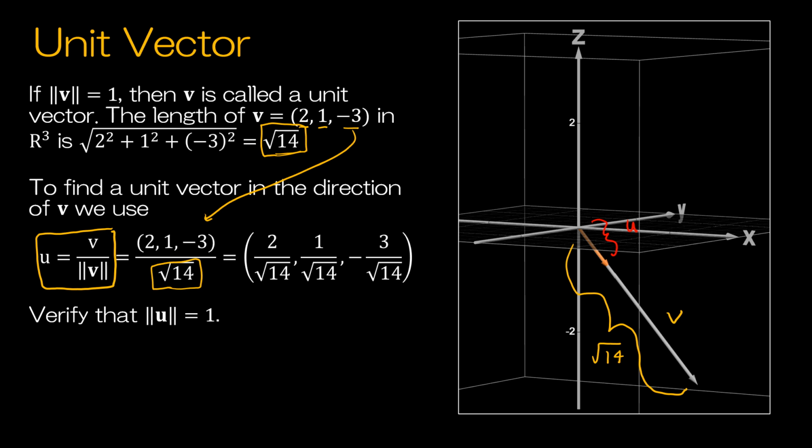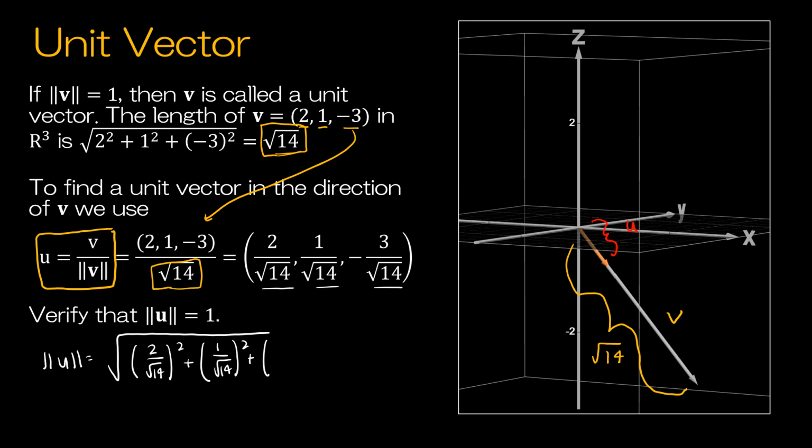So how do I do that? To find the length of u, I'm going to take the square root of each of these values squared. So 2 divided by radical 14 squared plus 1 divided by radical 14 squared plus negative 3 divided by radical 14 squared.